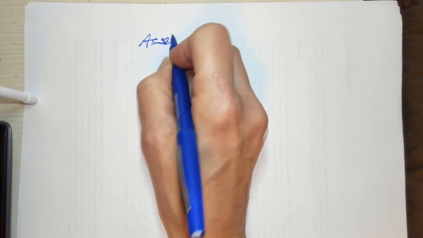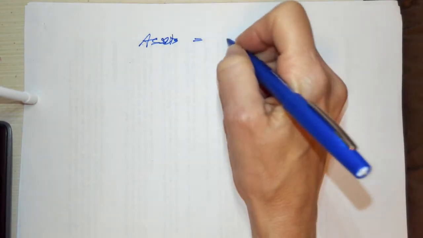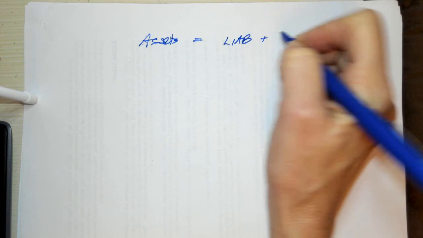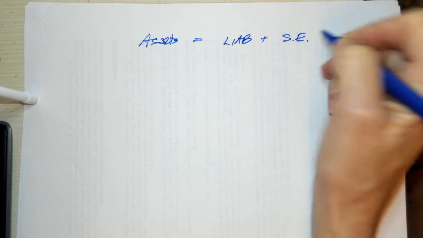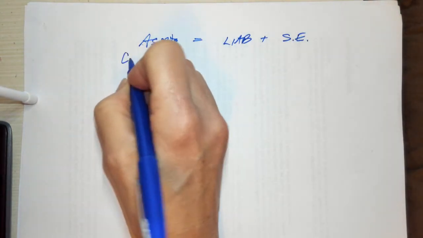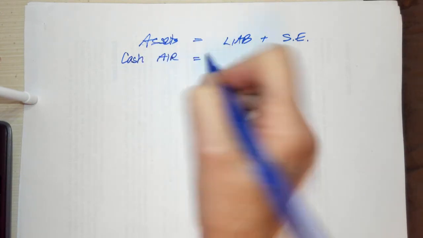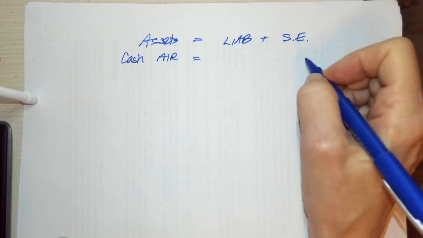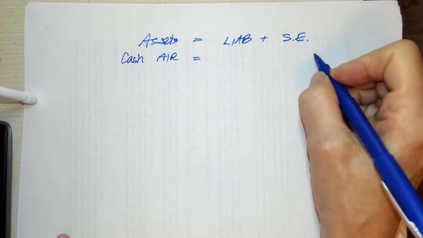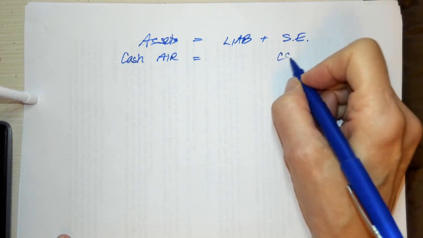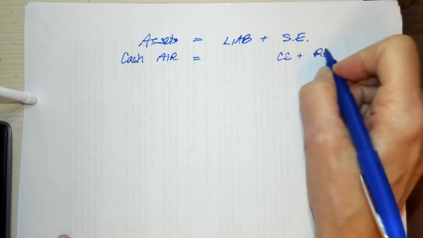Okay? So I'm going to do my usual assets equal liabilities plus stockholder equity, and I'm going to have cash and accounts receivable here. Under stockholder equity, I know I'm for sure going to have common stock and retained earnings.